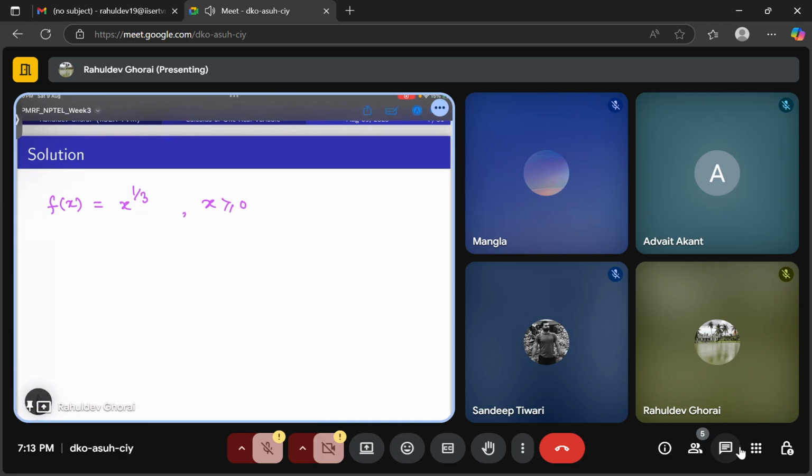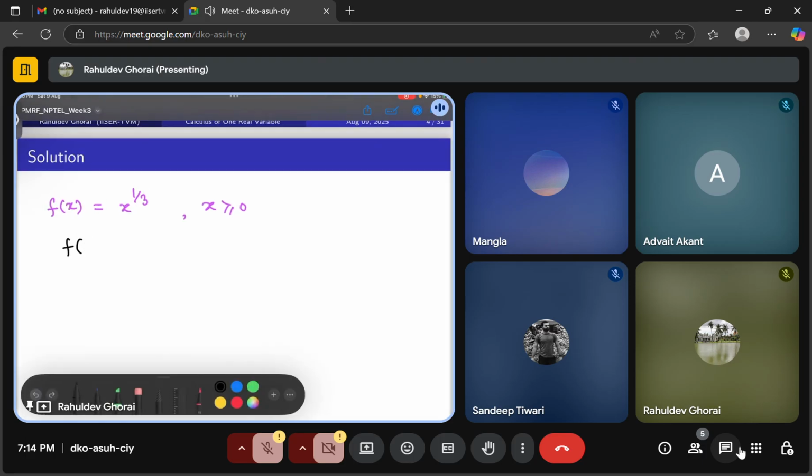How to prove that a function is differentiable at a point x naught or not? This will be a little easier, but you will see later this definition will be useful. Let x naught be a real number which is greater than or equal to 0.